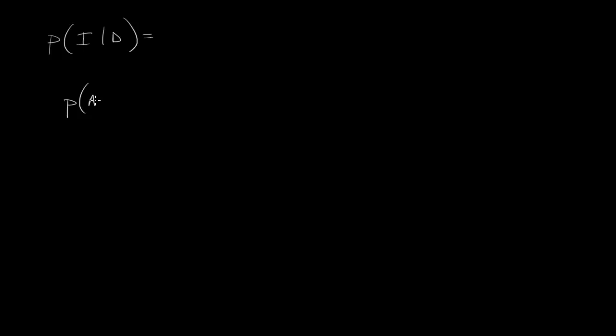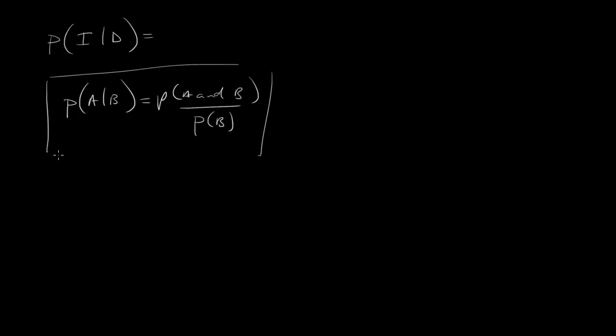So I'm going to follow the format: the probability of A given B equals the probability of A and B over the probability of B. This is just the general formula for conditional probability. So for this particular conditional probability, I'm looking at the probability of I and D over the probability of D.